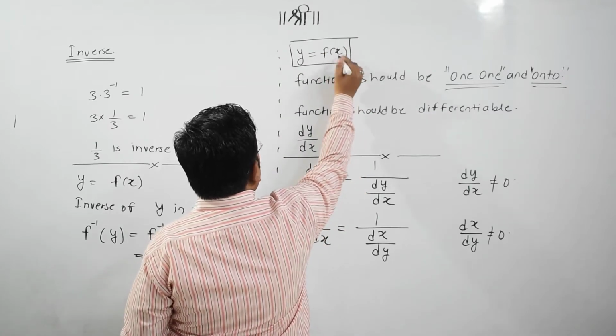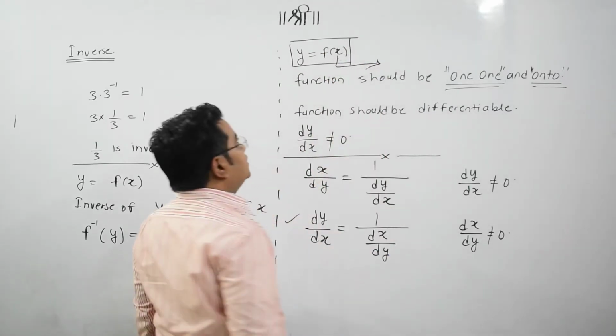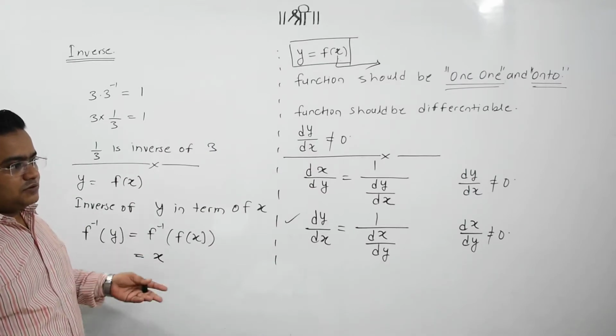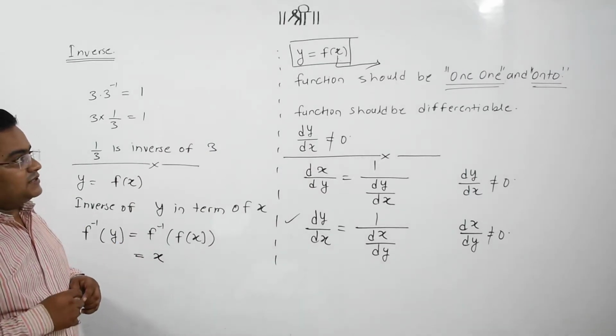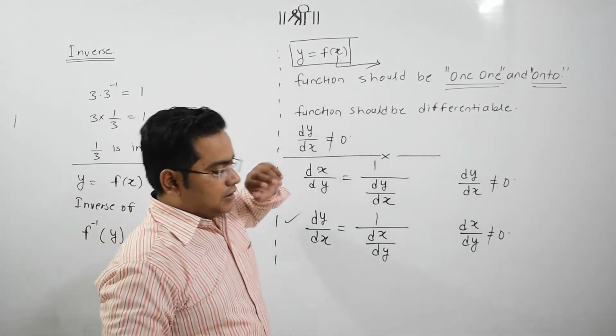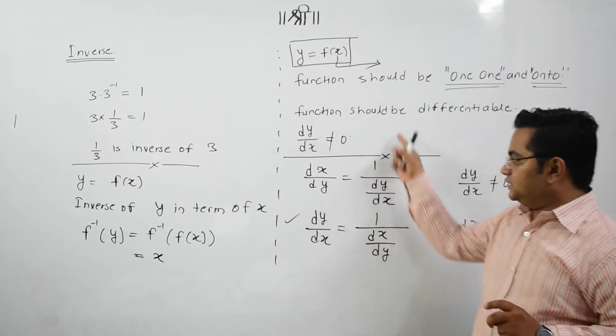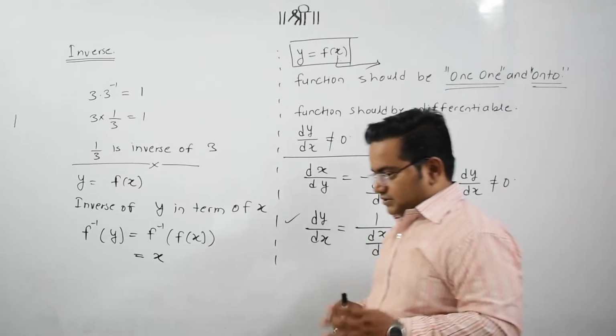The most important variable is x, and that x should have some relation with this y. Now this y and x are interrelated, then only are possible things coming in front of us.